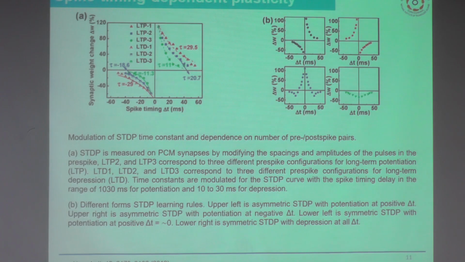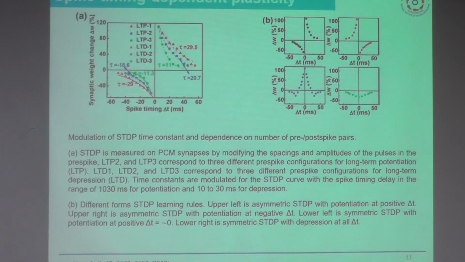The time constant modulation of this curve has a spike time delay in the range of around 1000 milliseconds. It means the time they tested for this STDP curve is 1000 milliseconds for potentiation, and for depression it is comparatively less time. It is an experimental result published in this particular curve.